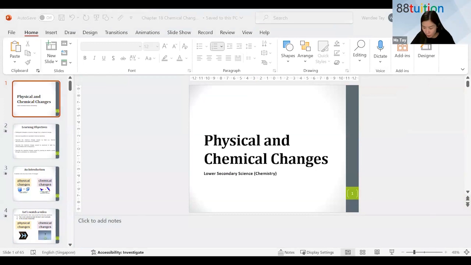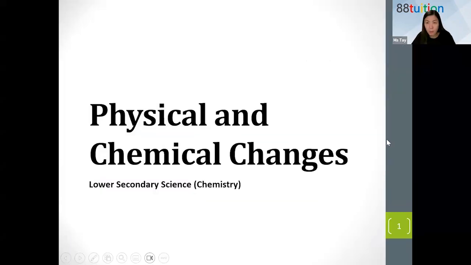There's a digital version. So now, if you look at the slides here, we are learning about physical and chemical changes. In your textbook, it's called chemical changes, but you need to know how to differentiate between physical and chemical change. Last week, we started already, correct or not? Last week, we started with physical and chemical changes, just a very simple set of questions that I gave you.